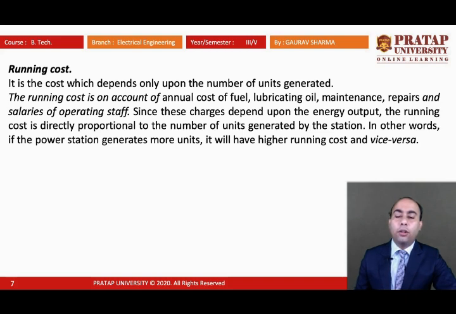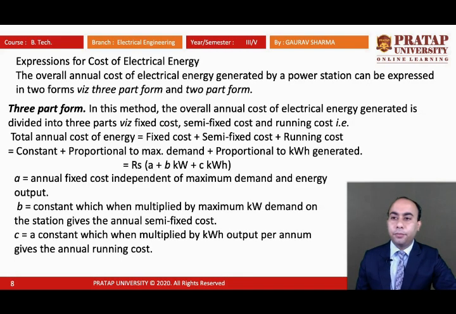We have to consume fuel, and pay for maintenance and the operating staff. So these come to the running cost. These charges depend upon the energy output. The running cost is directly proportional to the number of units generated by the station. In other words, if the power station generates more units, it will have a higher running cost and vice versa.